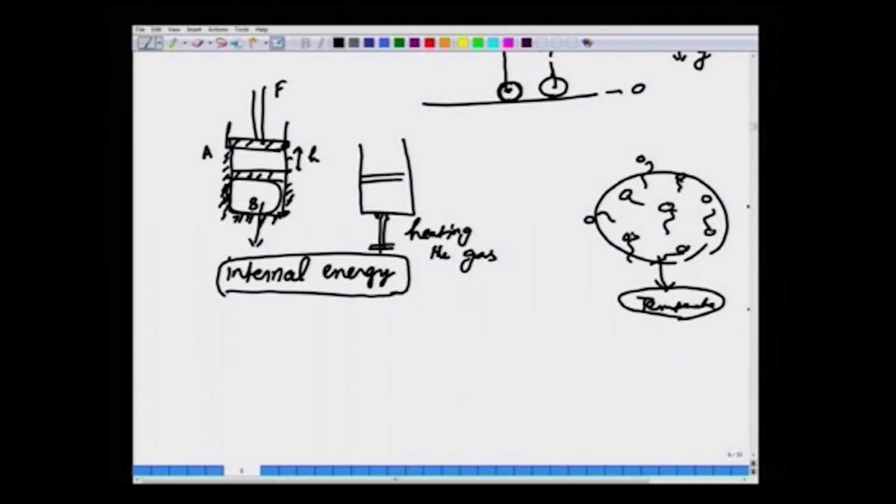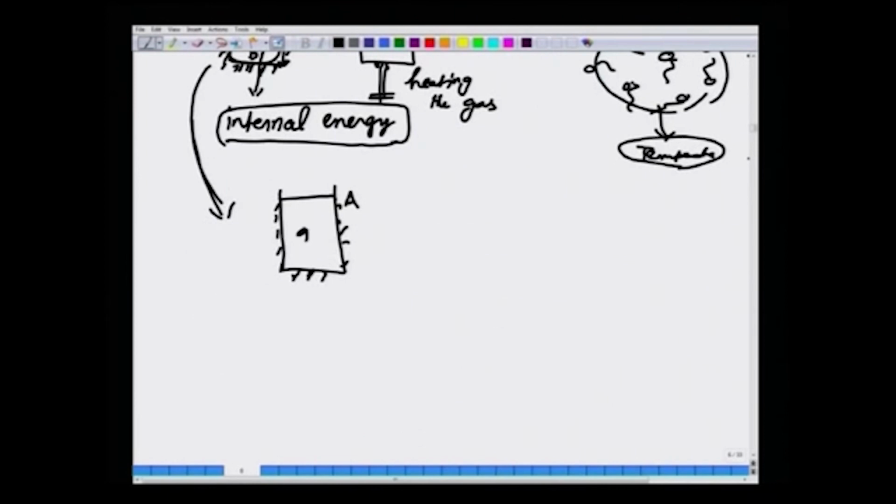So let us do the following experiment. Initially you had state A, an insulated container with gas. Now, you compress the gas to state B. I argued that the work done in the compression has gone on to increase the internal energy of the gas and therefore its temperature.